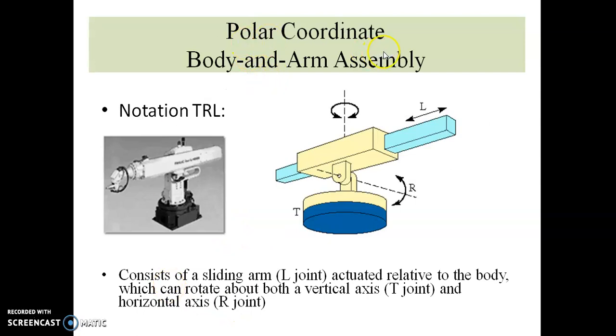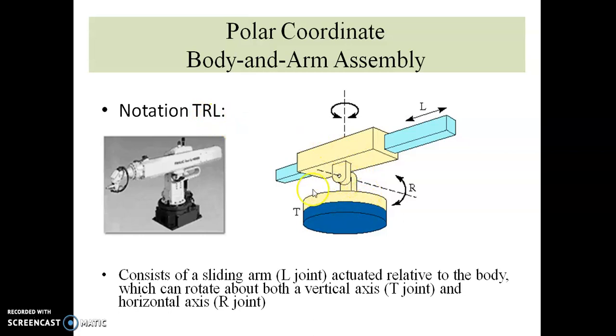Now the polar coordinate configuration. With the help of different joints we get different robot configurations, or we can say different robot types. In the polar coordinate system, the joints used are TRL, that means twisting, rotational and linear.